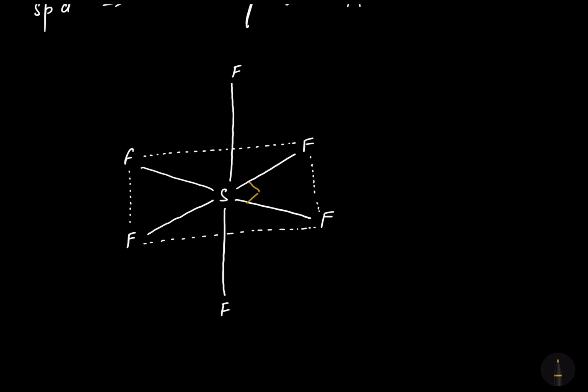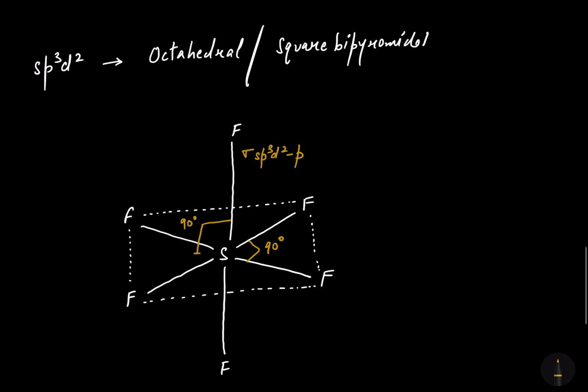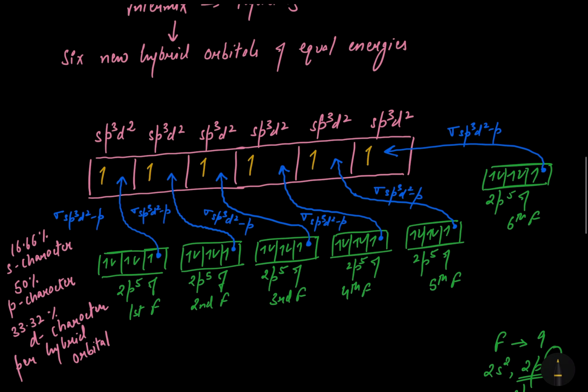All the bond angles are 90 degrees, and this bond angle, imagine it in 3 dimensions, is also 90 degrees. So this structure is called octahedral, and all the sigma bonds over here are sigma sp3d2p, because this sigma bond has been formed by head-on overlap of sp3d2 hybrid orbital of sulfur with the p orbital of fluorine. Now that's all about the hybridization.